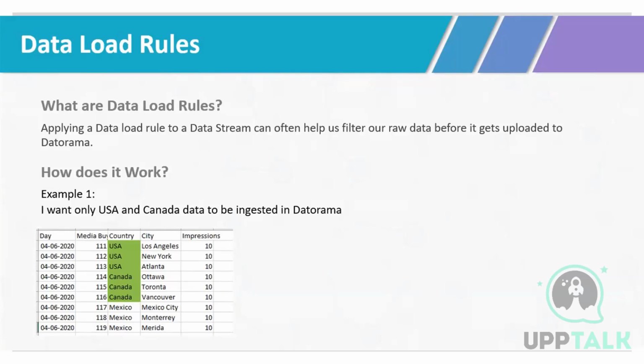Can't we filter when the data is in? Definitely we can, but why do we do it at the first? Because Datorama charges us on a row level basis, and the initial step is where you go ahead and filter your data. What you don't want is unnecessary cluttered data in your workspaces.